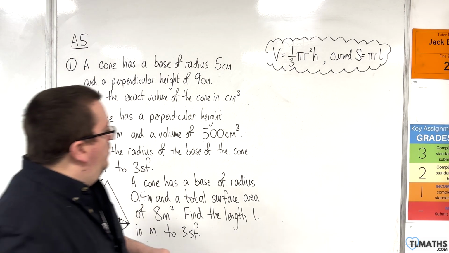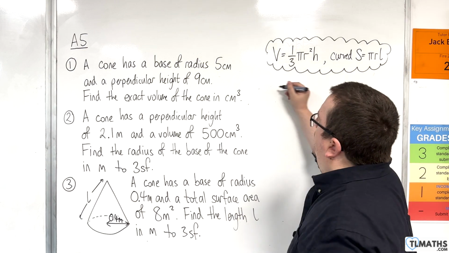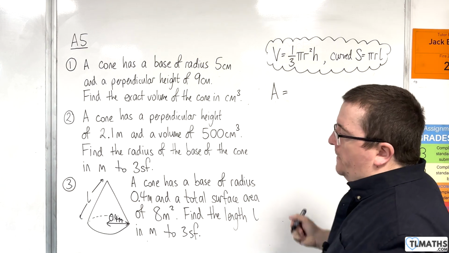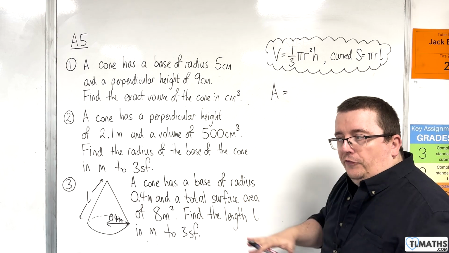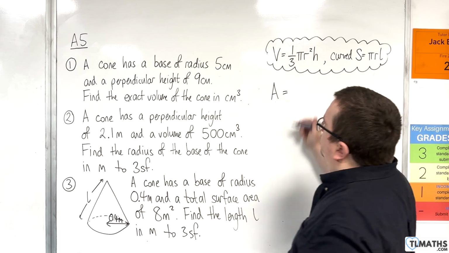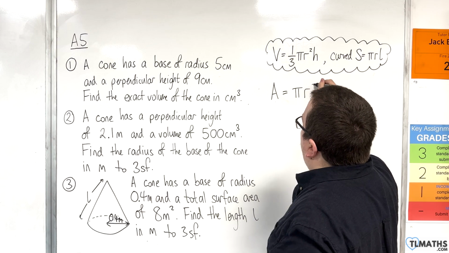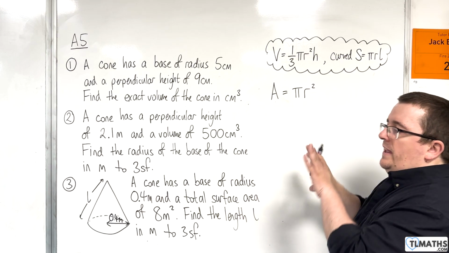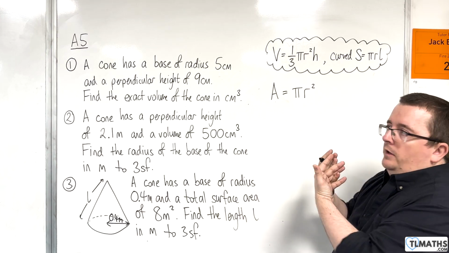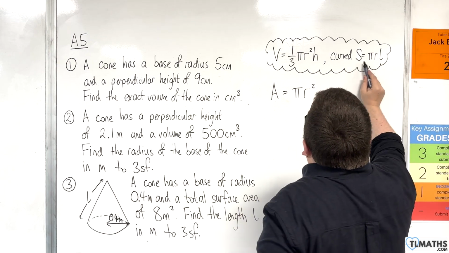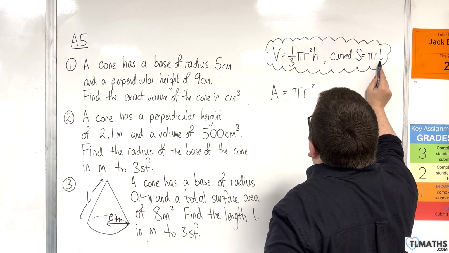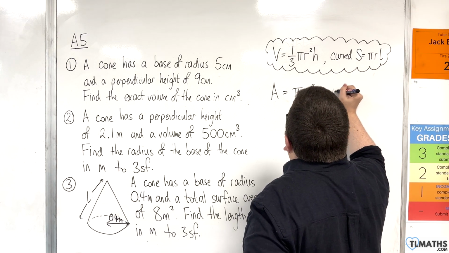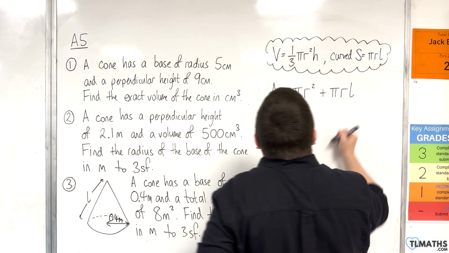Okay, so it would be good if I could write down a total surface area formula. So we have the area of the circular base, which is pi r squared. Then we've got the area of the curved surface. Now that is given to us here as pi r l. So plus pi r l.